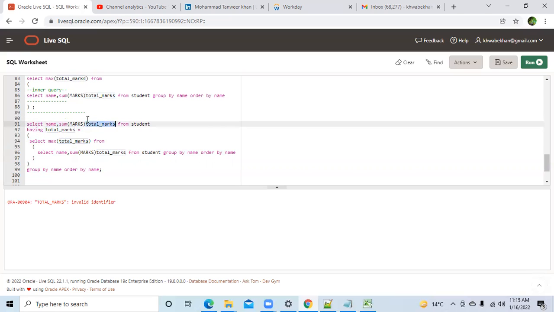Only this sum of marks knows that it will be called total marks. But the outer world, like having or select, doesn't know that this is known as total marks. If you want to use total marks, then you have to use it in some other outer query like this, like see here. Where is that? No, it is not here.